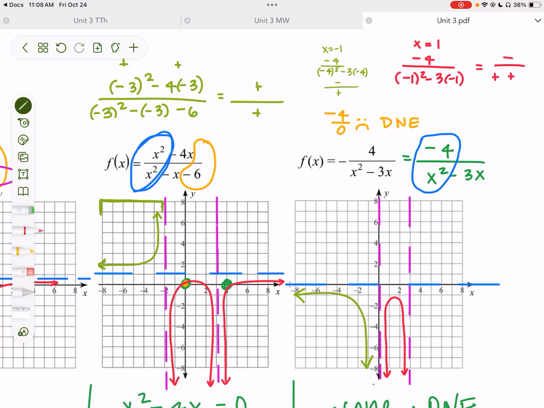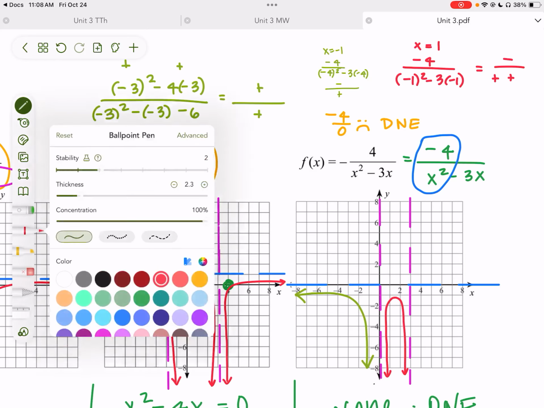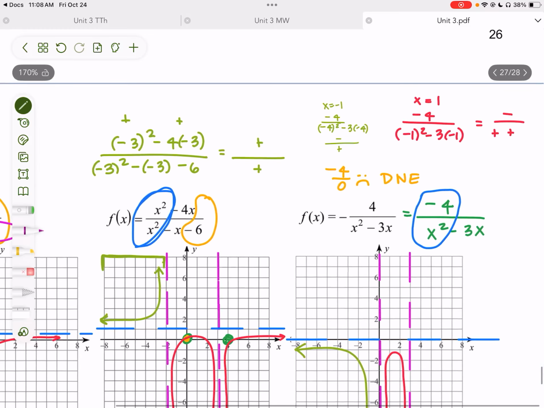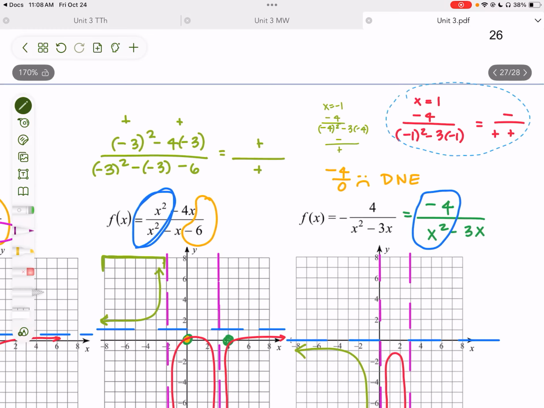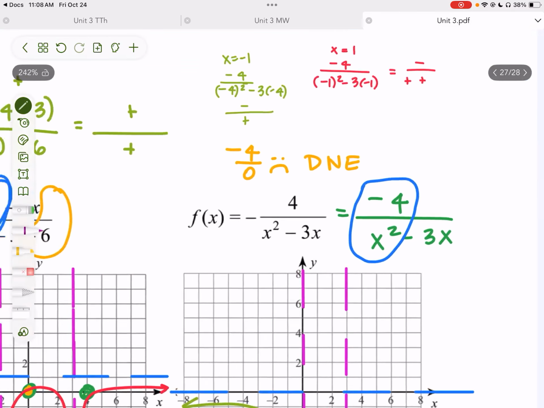Now, based on what the second one looks like, I would guess that the next curve is going to be up here. I don't know that for sure. I've done plenty of these, but I'm just not 100% confident. So I'm going to plug in another point just to confirm because I don't want to guess. I do want to make sure that I'm checking. So let's plug in 4.